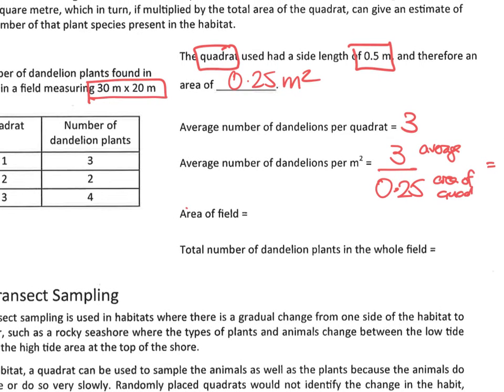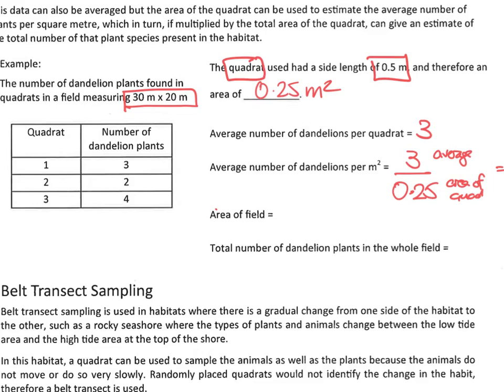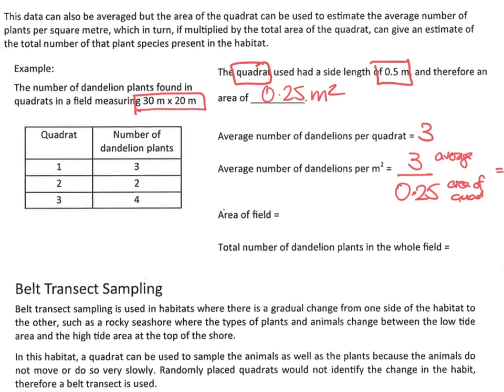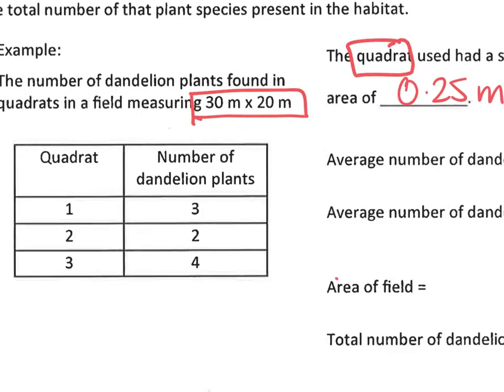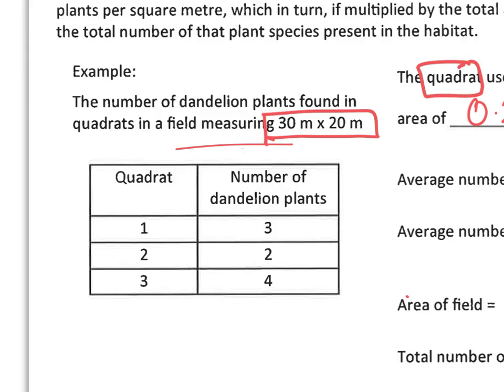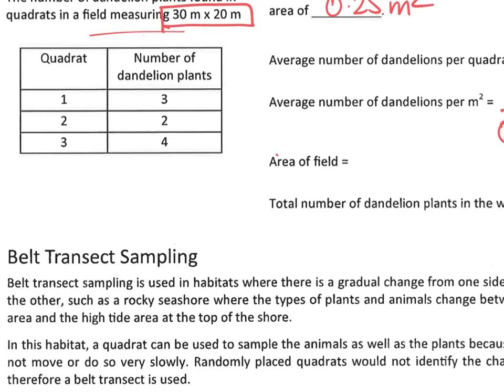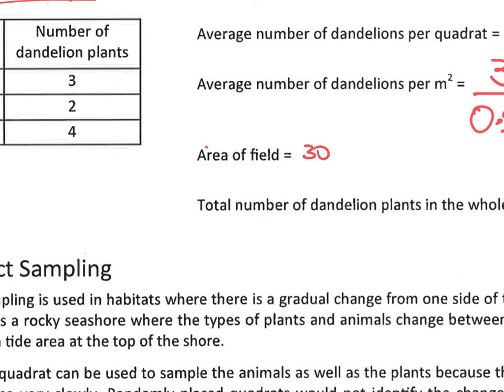Dylan, what's the area of our field? What do we have to multiply? The quadrats by the area. What's the area of the field, though? If you look over here, it says the field measures 30 by 20. So the area of our field is 30 multiplied by 20 metres.